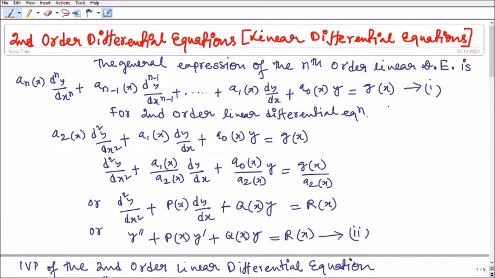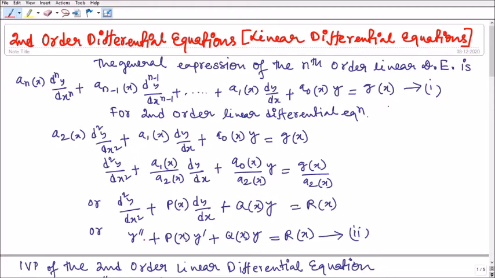Now here this ratio a1/a2 is written as p(x), which is another quantity, a function of x, the coefficient of dy/dx, and a0/a2 is written as q(x), which is another function of x, multiplying y, equal to r(x). So it is written as y double dash plus p(x) y dash plus q(x) y equal to r(x).